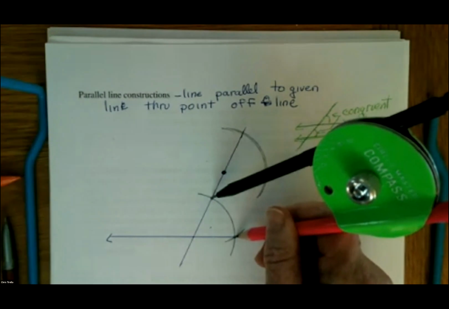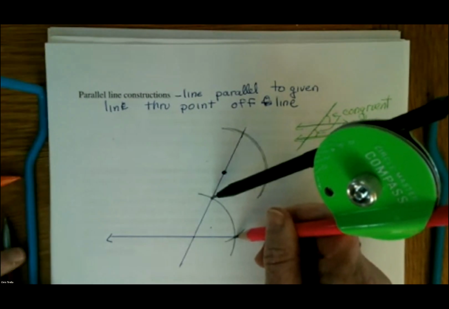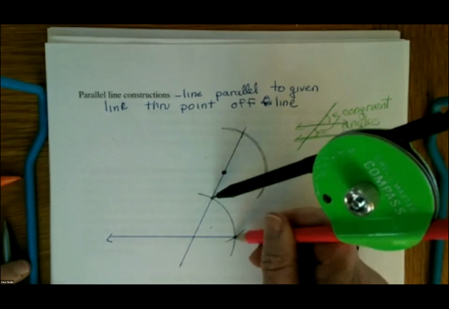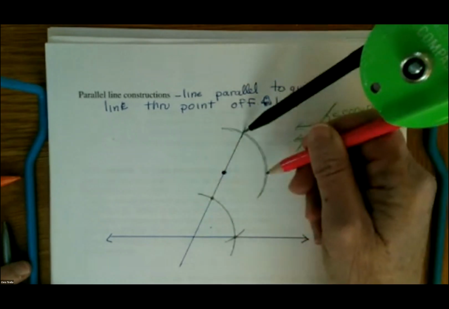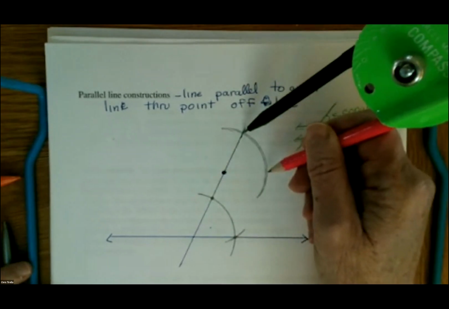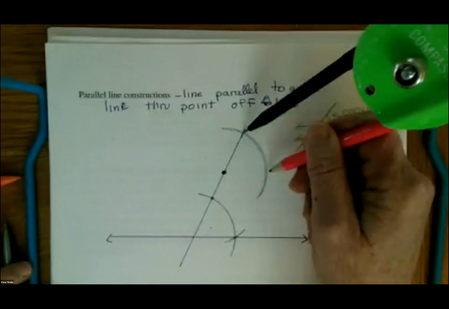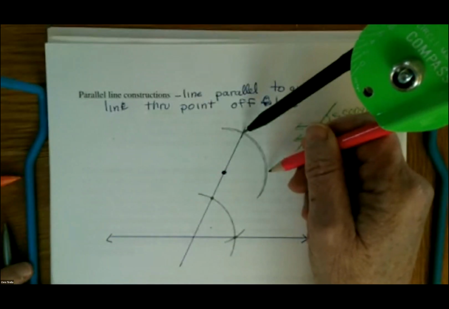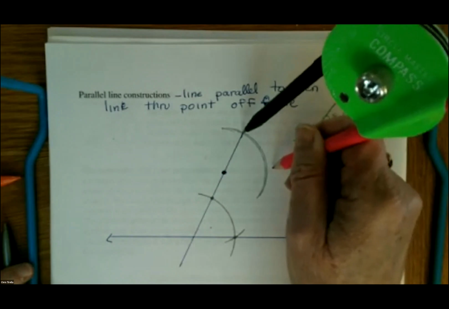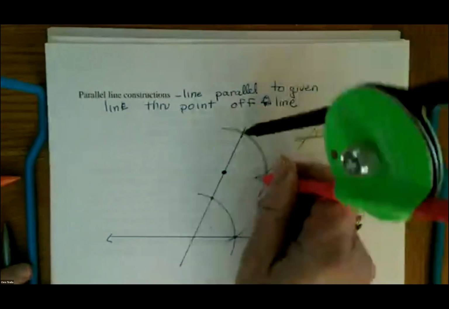And now it's real important that our compass does not move. We're going to pick it up. We're going to put the point at the place where the arc we drew above the higher point crosses the line, and we're going to swing that same radius.